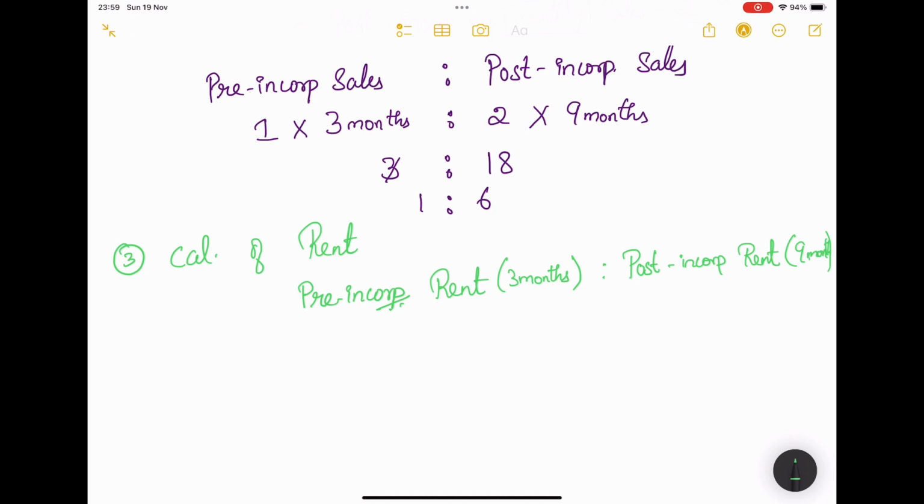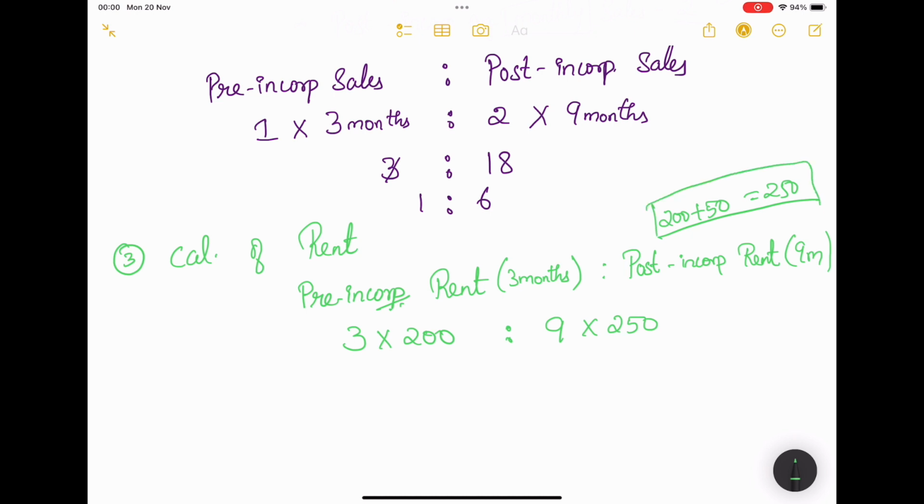Okay, so for 3 months how much are we going to pay? 200. How much have they increased? Rent was 200 plus 50, total 250 for the remaining months. First I'll write months. For 9 months how much am I going to pay? 250. Understood, right?